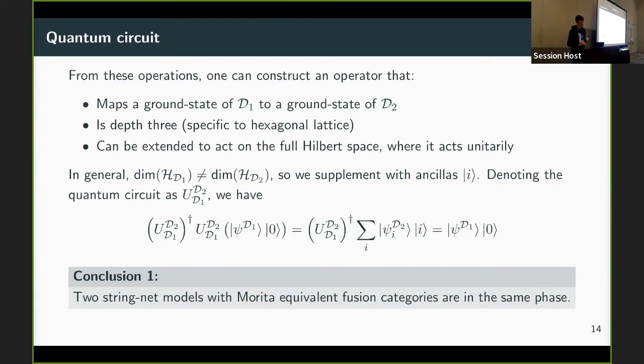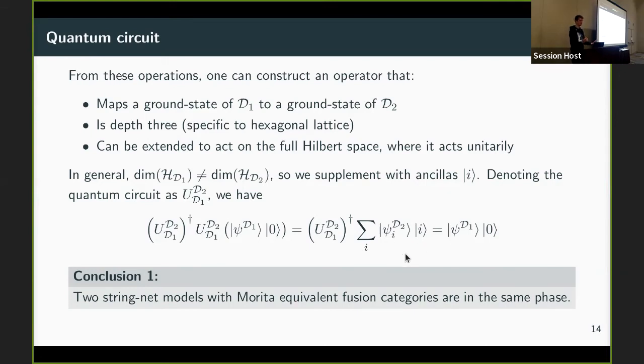So we have to supplement this with ancillas. So if you denote this quantum circuit as some unitary going from D1 to D2, and you act on a string net state in D1, where you add in these ancillas initialized to 0, you find that your resulting state in D2 becomes entangled with these ancillas.